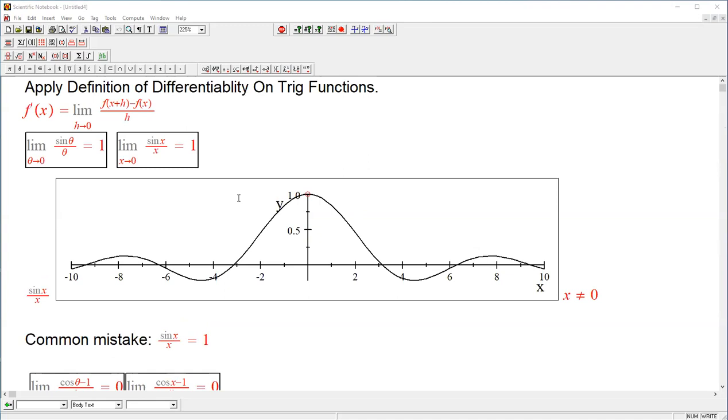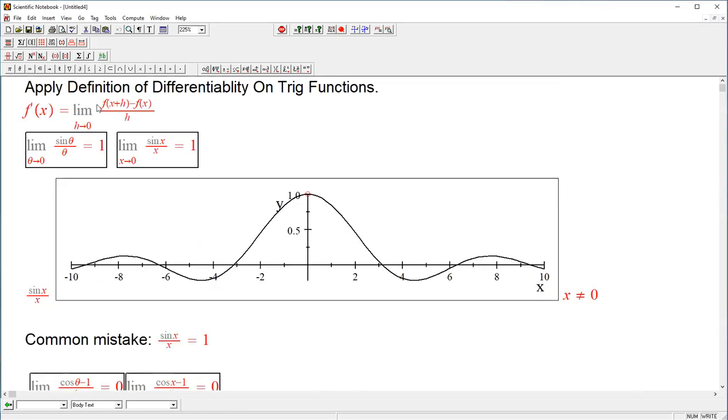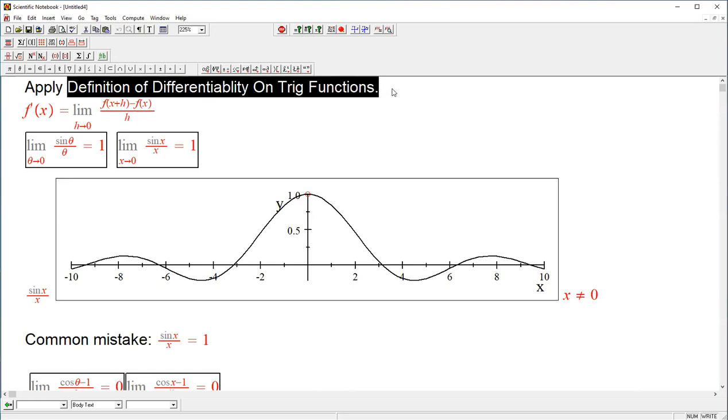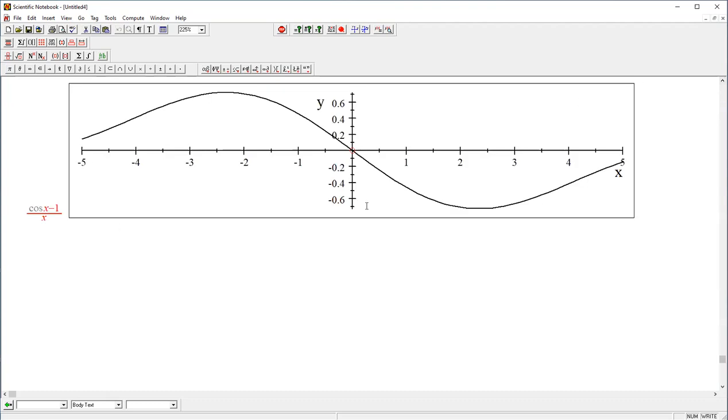One of the applications of these two identities happens when we apply the definition of differentiability on trig functions. For example, how do we find the derivative of sine? Of course, you know the derivative of sine is cosine x. That is not a problem, but we also want you to know how this is proved.